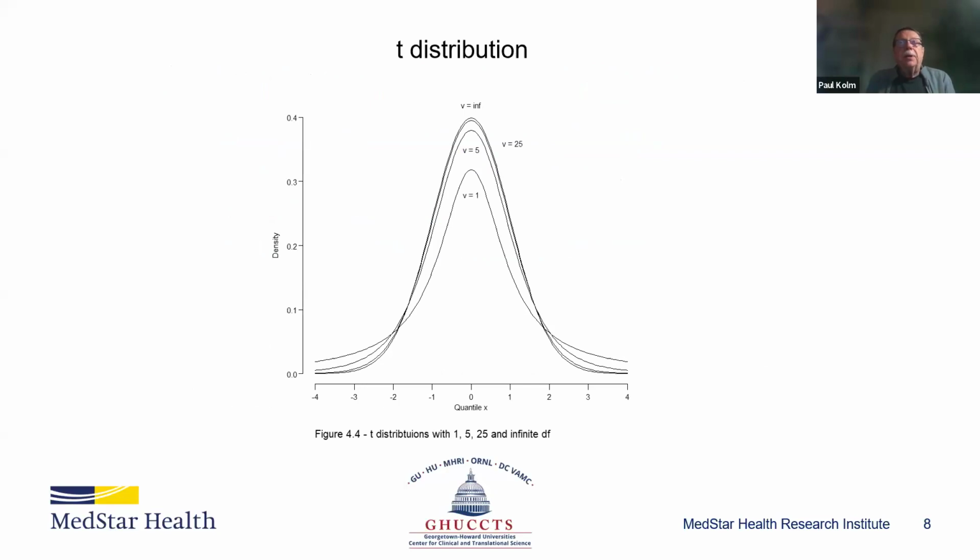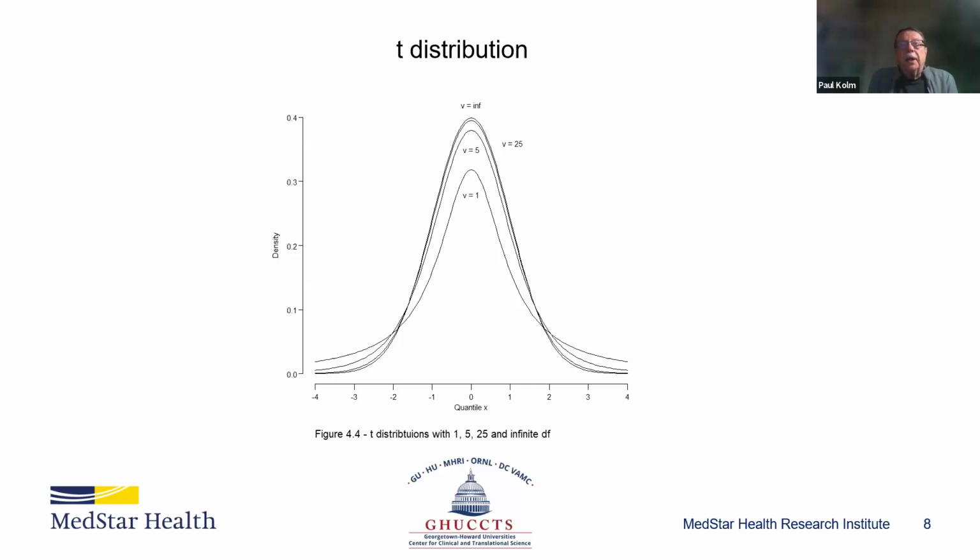Here's an example of the t distribution with different degrees of freedom, where the actual t distribution has an infinite number of degrees of freedom. The degrees of freedom here are 1, 5, and 25, and you can see as the degrees of freedom, which is essentially dependent on sample size, gets large, it tends towards a normal distribution.